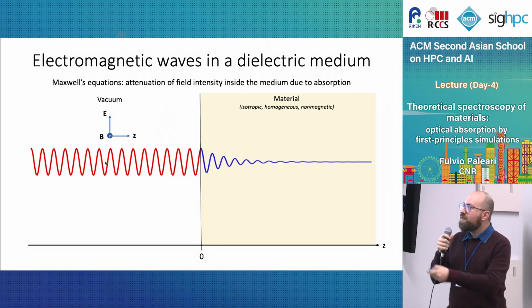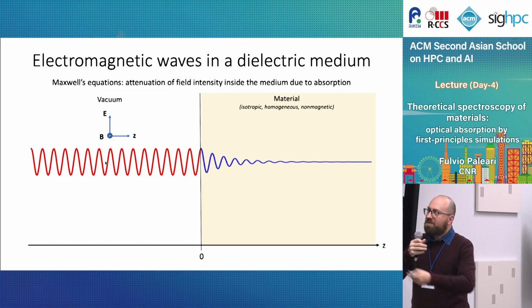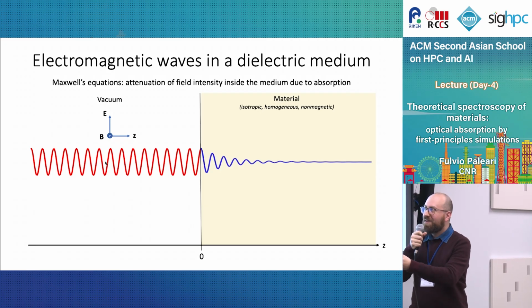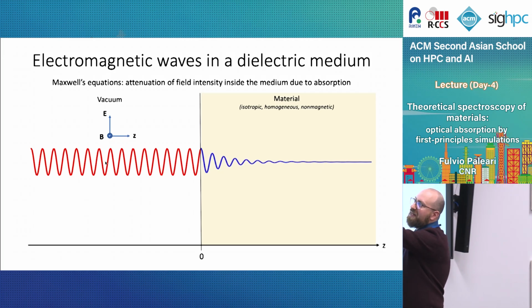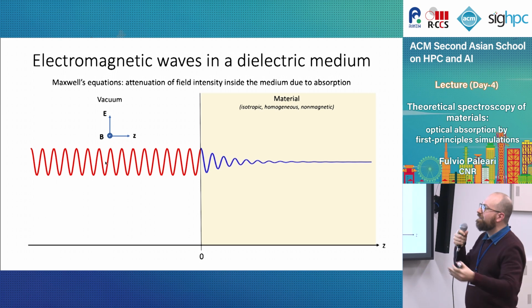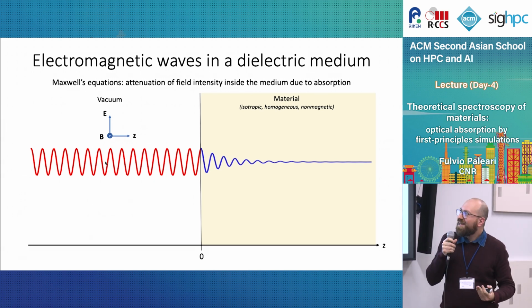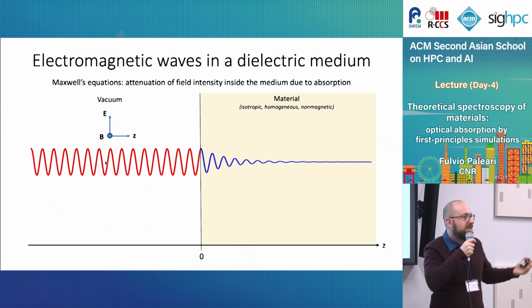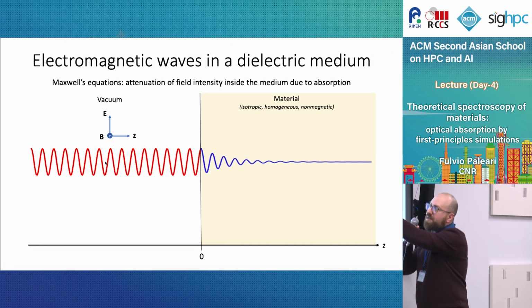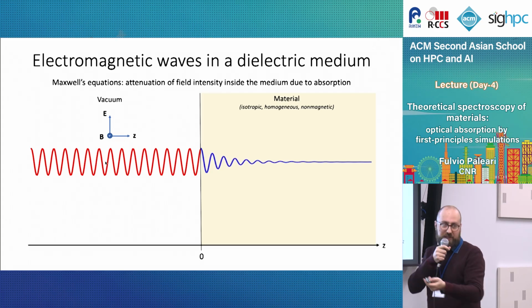So here on the left side we have a piece of vacuum and an electromagnetic wave that is oscillating and traveling through it. And on the right side, it enters inside a matter system. And what happens, you know this for sure, is that it gets exponentially attenuated.